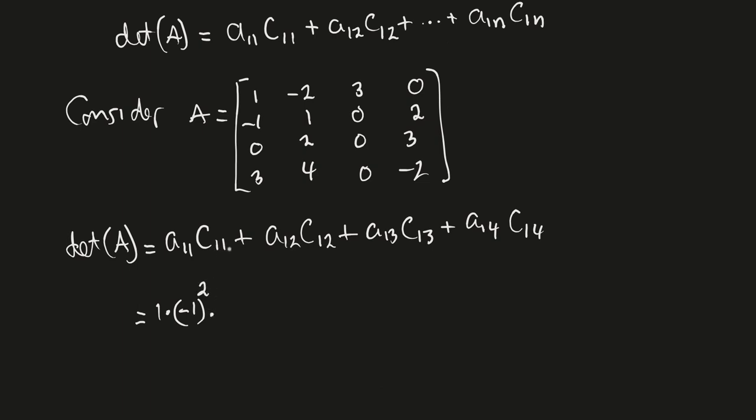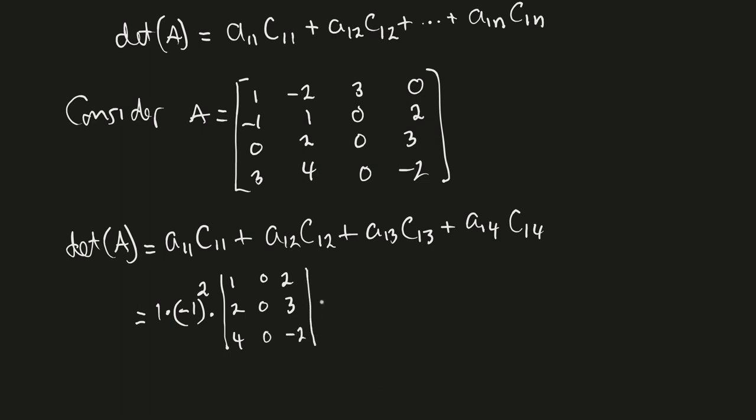And then I have to multiply that by the minor, which is the determinant of the submatrix that I get by deleting the first column and the first row. If I block out the first row, first column, I'm left with this 3 by 3. So then I'll have 1, 0, 2, 2, 0, 3, 4, 0, -2.